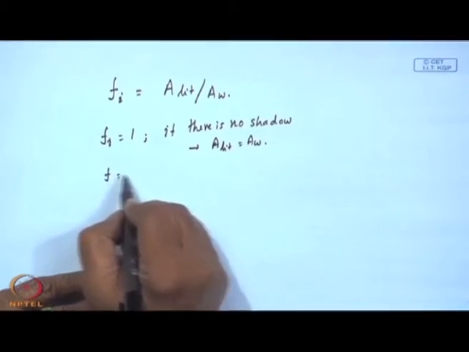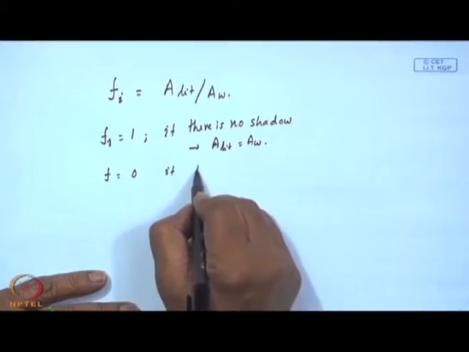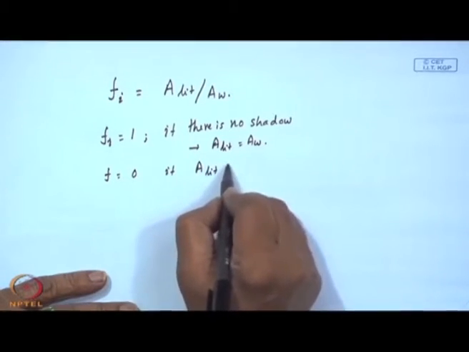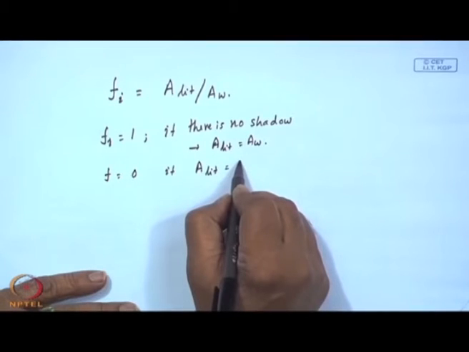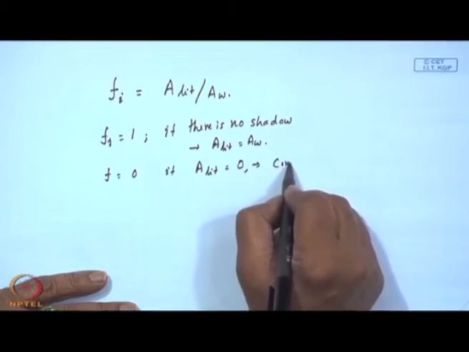And Fi will be equal to 0 if A lit equals 0, which means completely shaded.